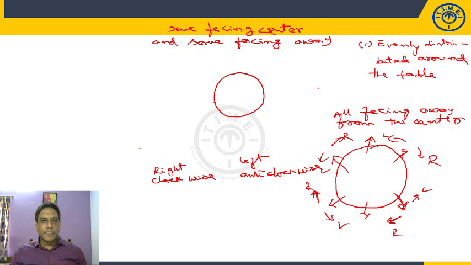Now here, let us say 8 persons are sitting around the table. P is sitting here, Q is here, R is here.